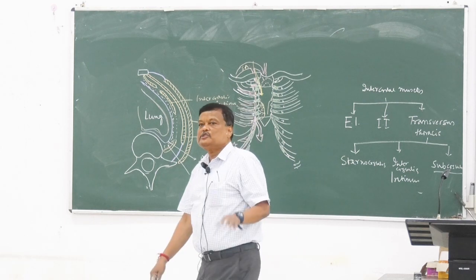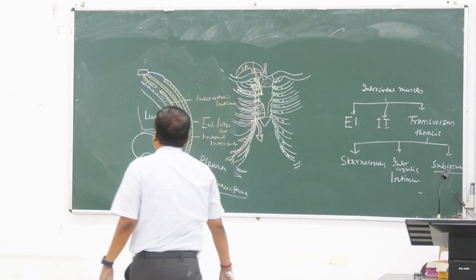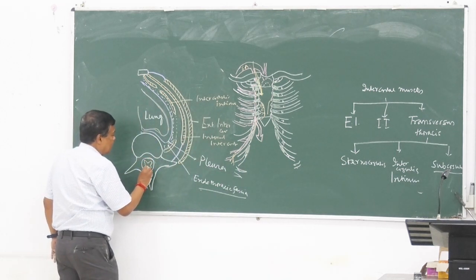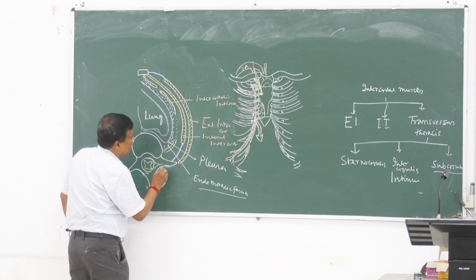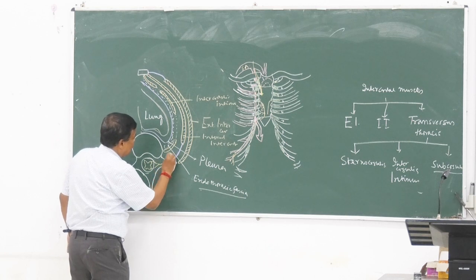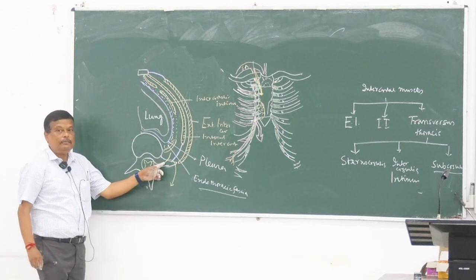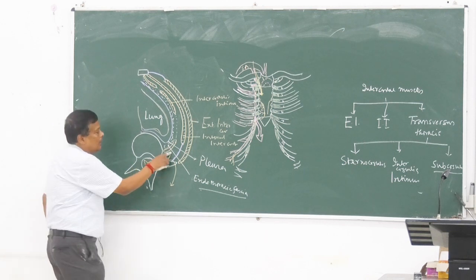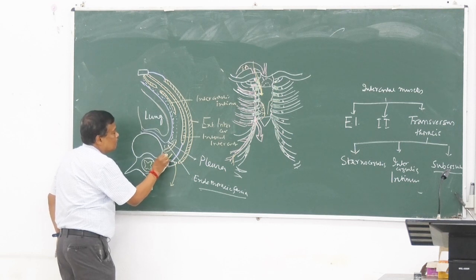T12 thoracic nerve is a special name which is called the subcostal nerve, right? যেটা বলেছি, so this is the thoracic nerve. Immediately after formation it divides into a dorsal rami and a ventral rami.